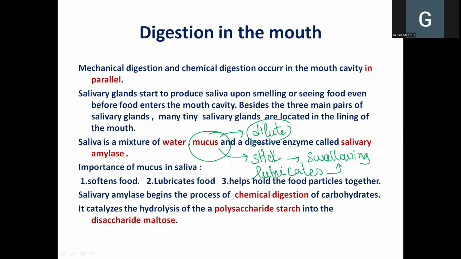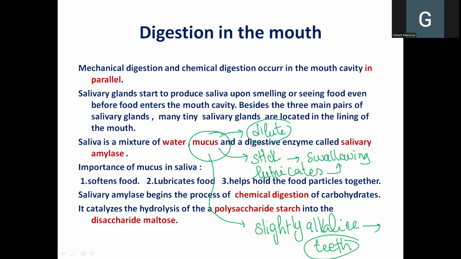But moreover, mucus is slightly alkaline, and therefore it is protective to the teeth, because the teeth are injured by acid, and all the holes and all dental caries, which are the cavities inside the teeth that are formed due to improper tooth hygiene.